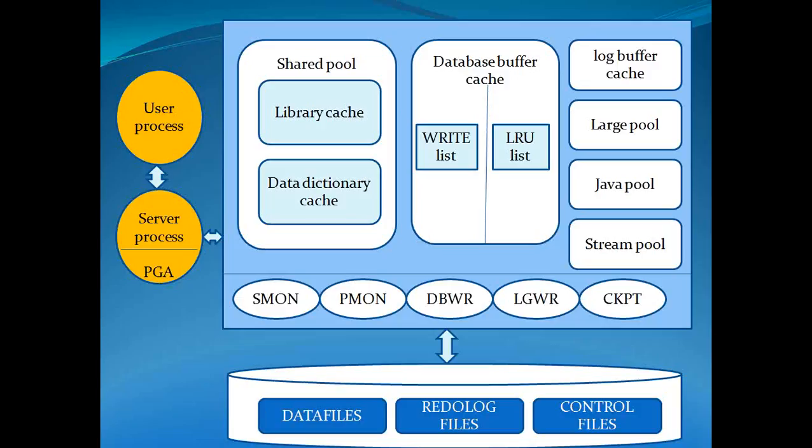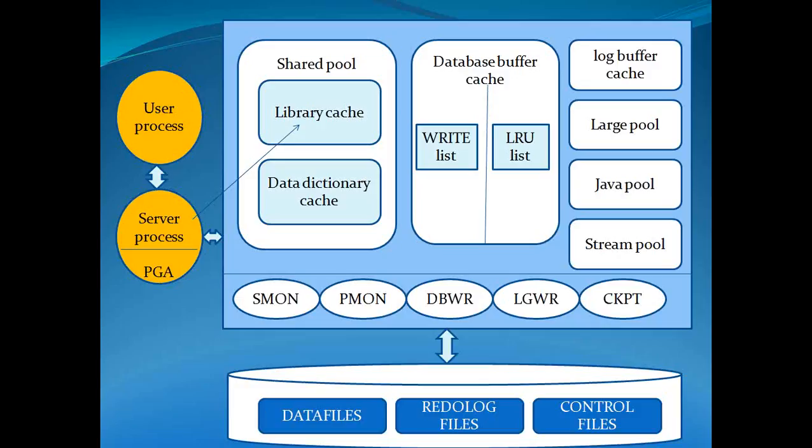Whatever statement was issued by the user process will be received by the server process, and after receiving, the server process will send this statement to the library cache. There is a component called library cache under a component called shared pool. So the server process is going to send the statement it received from the user process to the library cache.